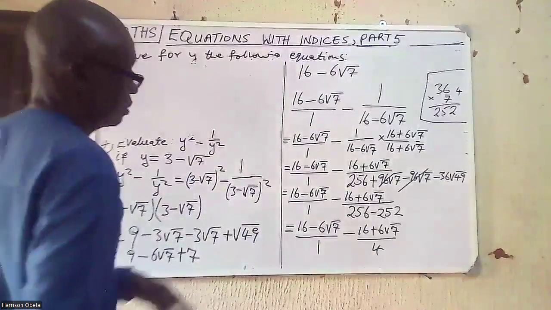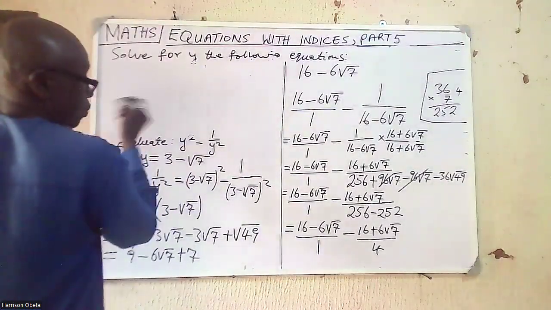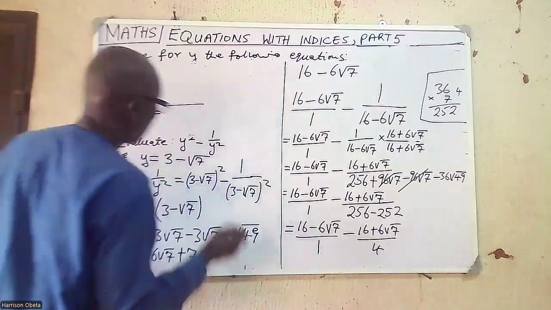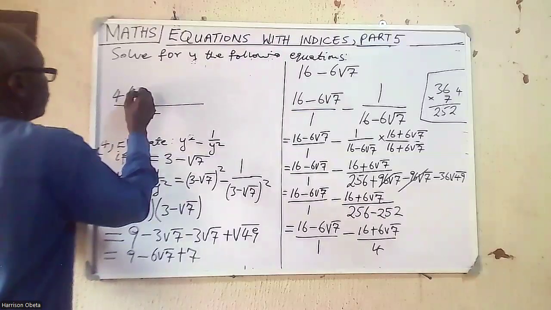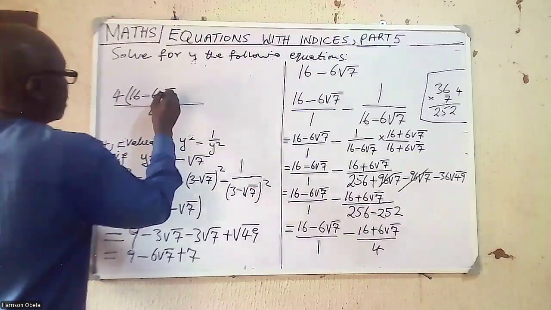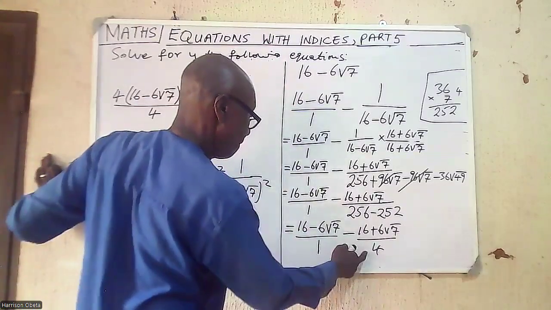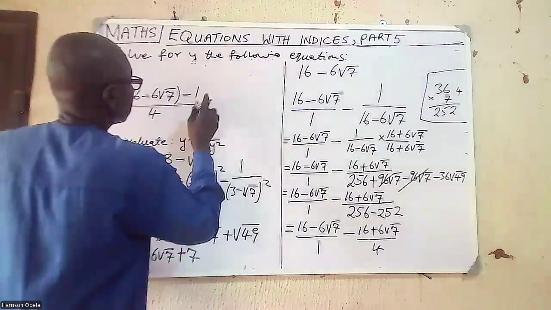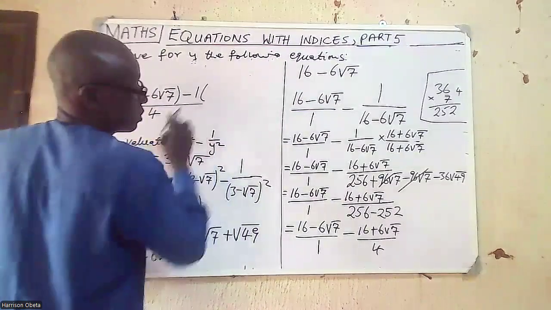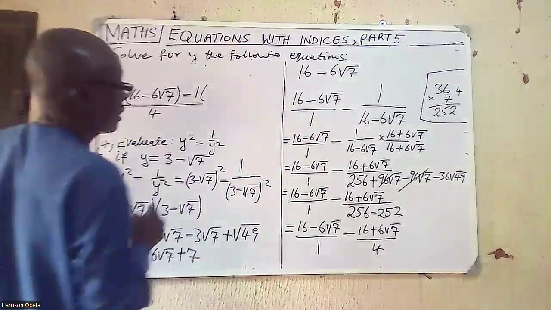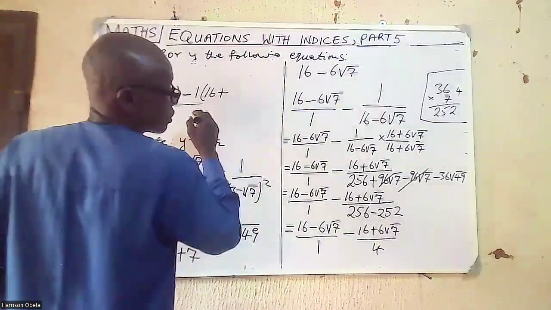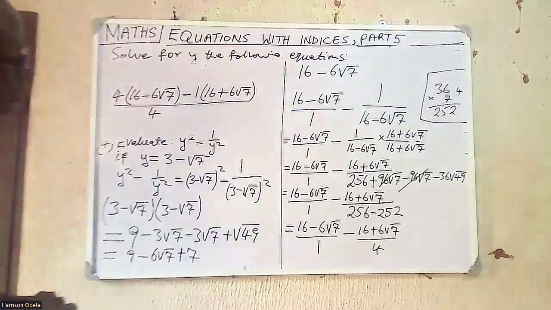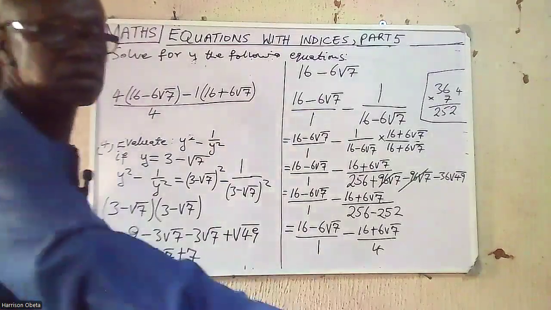In other words, the LCM is 4. 1 dividing 4 is 4, that is 4 bracket 16 minus 6 root 7. 4 dividing 4 is 1, minus 1 bracket 16 plus 6 root 7. Everything over 4.